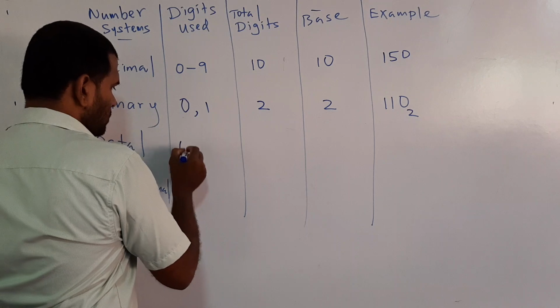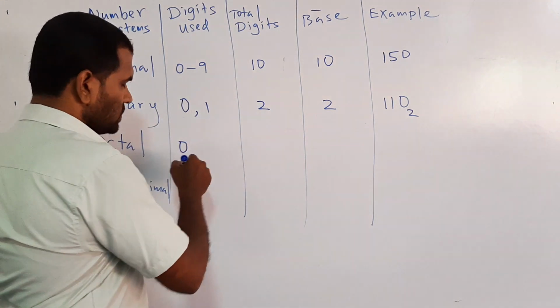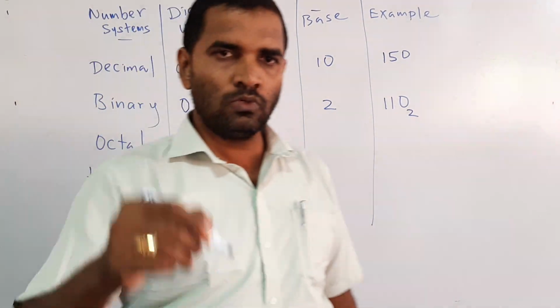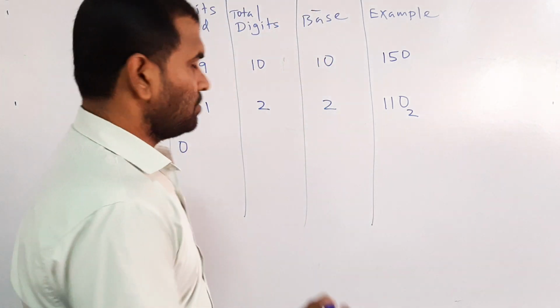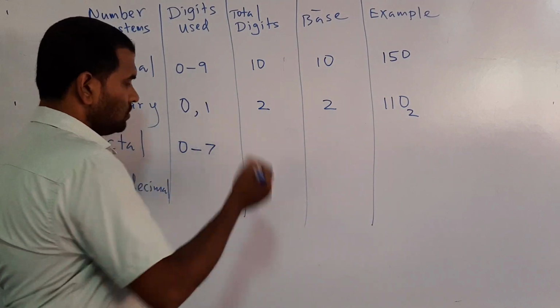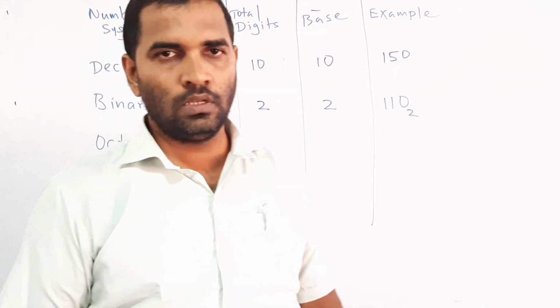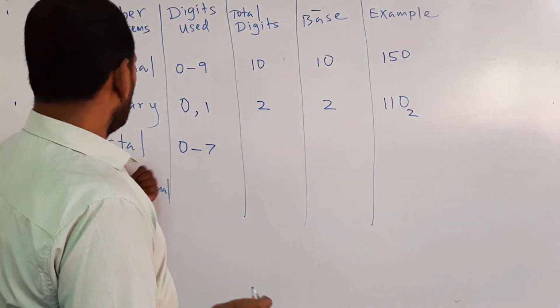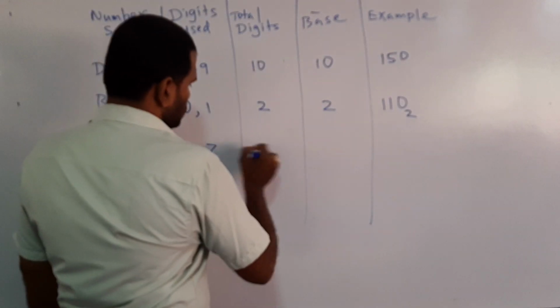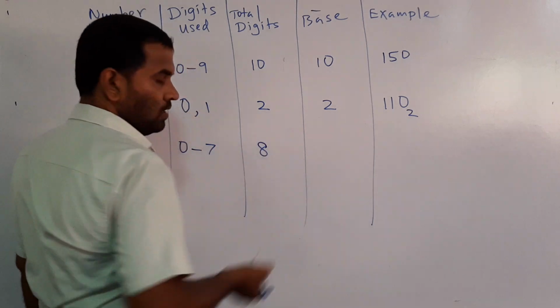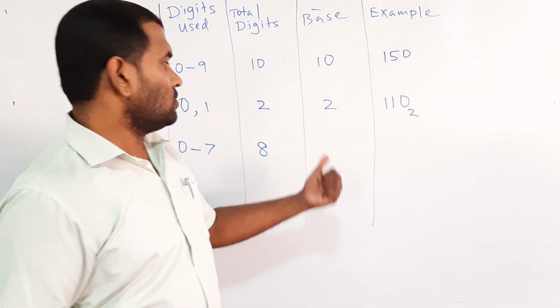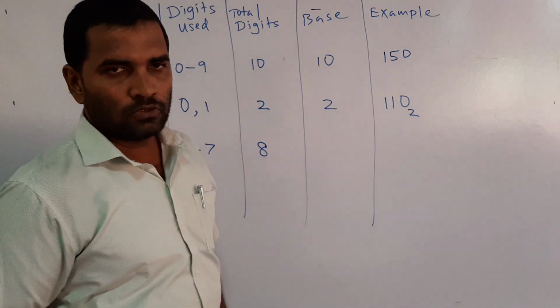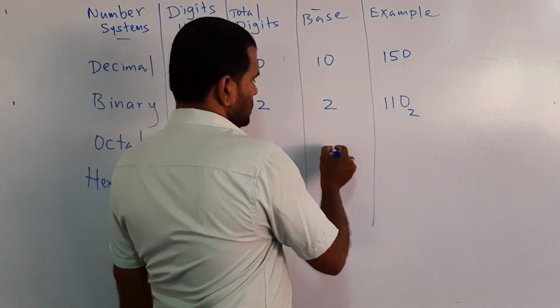So definitely they must start from 0: 0, 1, 2, 3, up to 7. So 0 to 7 digits are used in octal number system. How many digits are there? You can easily count them. We have 8 digits. As I told you earlier, base should be equal to total digits, so it must be 8.